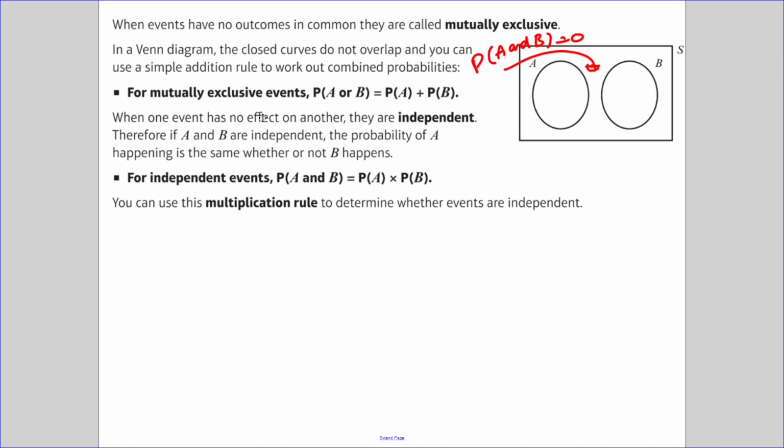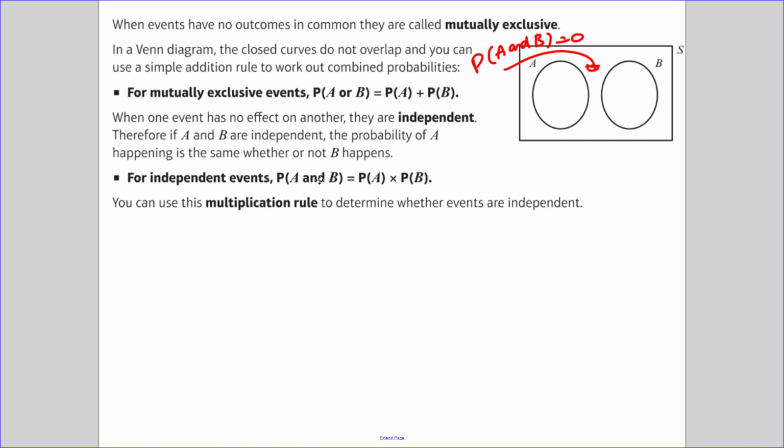If you've got two events that do not affect each other, we call these events independent. This might be like tossing a coin and rolling a dice. The outcome of the coin doesn't affect the dice at all. If you get a heads, it doesn't make the dice automatically land on a 6. Because these things are independent, we're allowed to get the probability of them both happening by multiplying the two together.